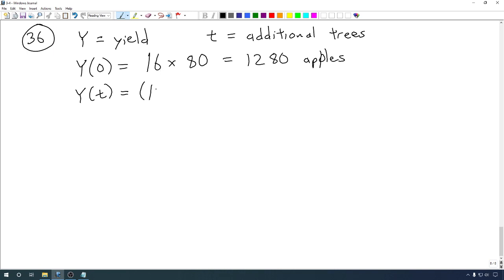It'll change that to a 16 plus t in this product, but it'll also change the number of apples per tree. It'll decrease this by 4 apples each time. That's what they're telling us is true. So we're going to have to take 80 minus 4 times t.